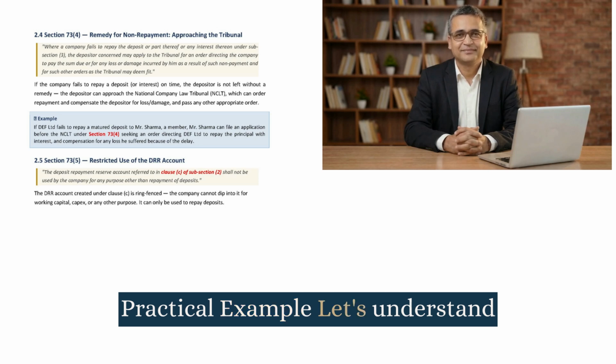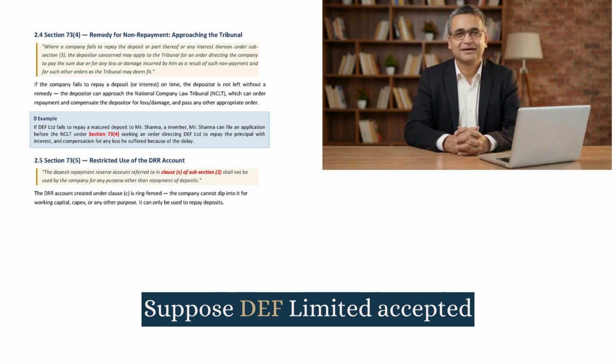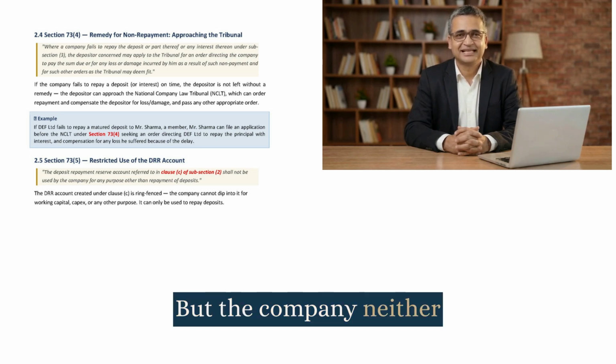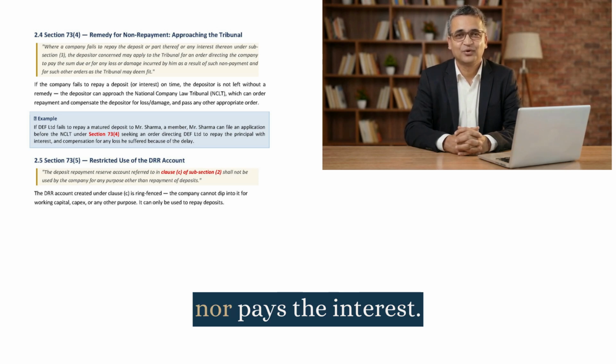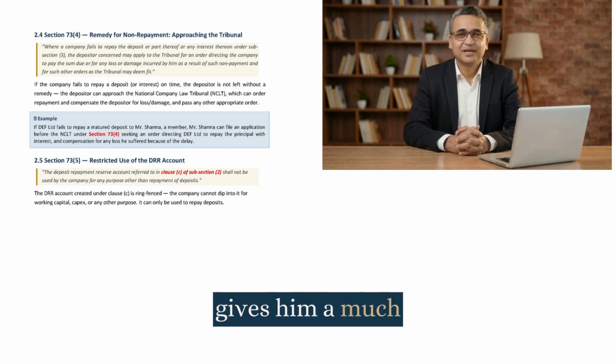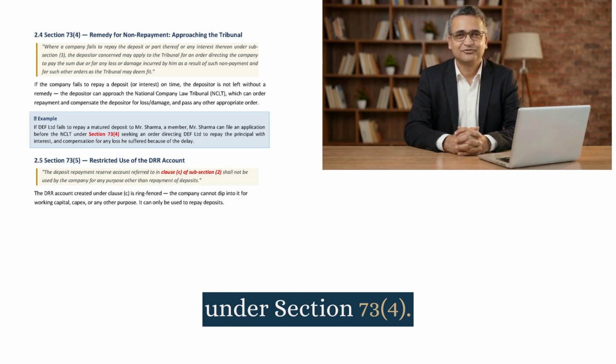Practical example. Let's understand this through an example. Suppose DEF Limited accepted a deposit from Mr. Sharma, who is one of its members. The deposit matures, but the company neither returns the principal amount nor pays the interest. Can Mr. Sharma simply keep sending reminders? He can, but the Companies Act gives him a much stronger remedy. He can file an application before the NCLT under Section 73(4).